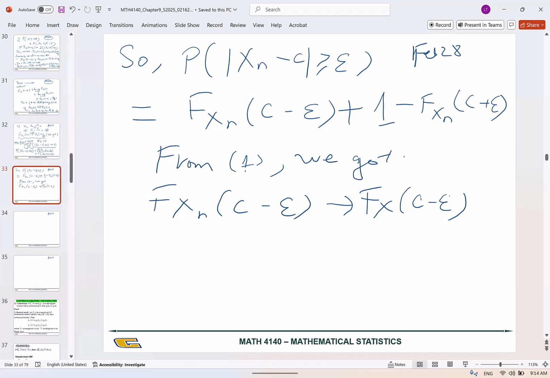We have this for any x where it holds, which means this one also holds.